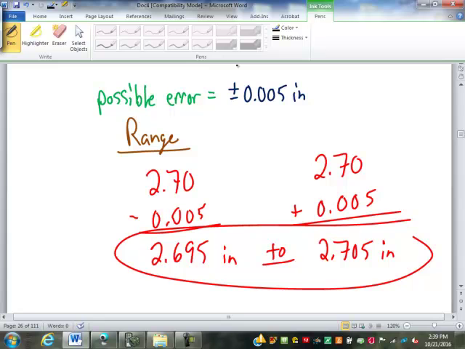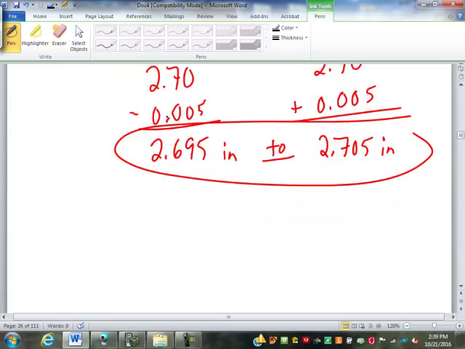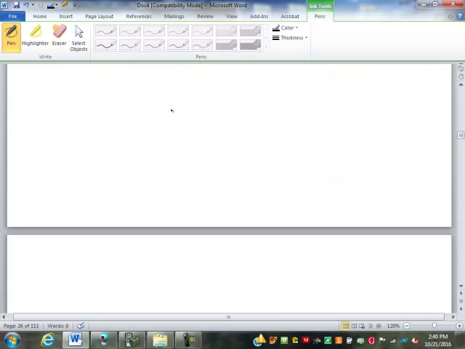I'm going to have you guys try one of your notes. See if you can come up with the implied range for this measurement. So 8.32 inches. Try to give me the implied range for that measurement.